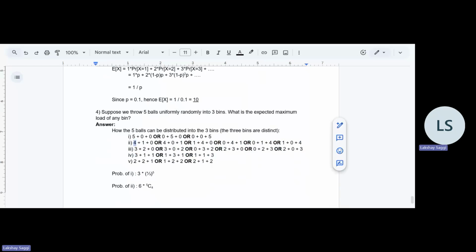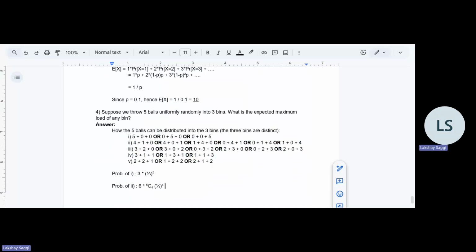So we select these 4 balls in 5 choose 4 ways. And I hope you guys remember combinatorics, what this notation means, because I assume that you know this. And now these 4 balls have to go into the first bin. So the probability of going into the first bin is 1 over 3, and this is raised to the power 4.